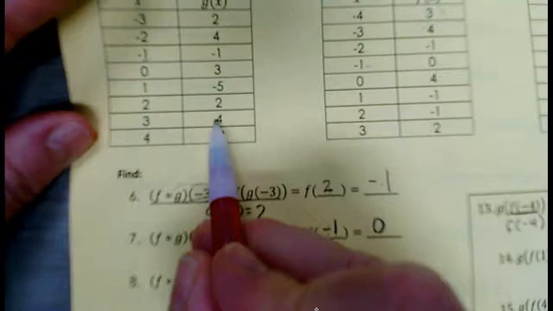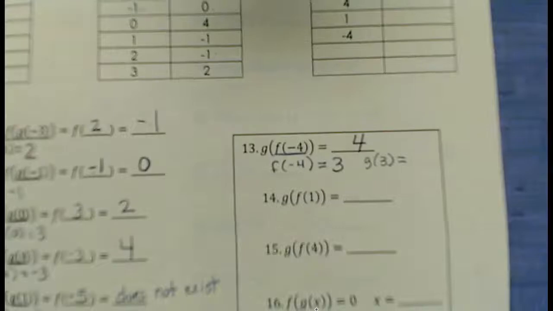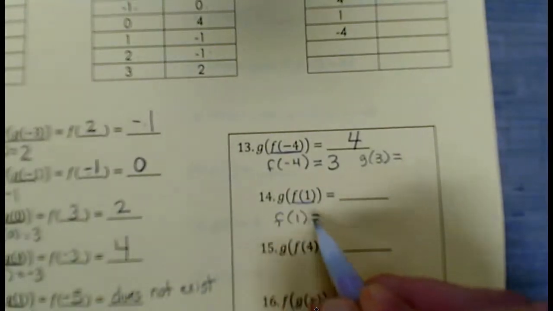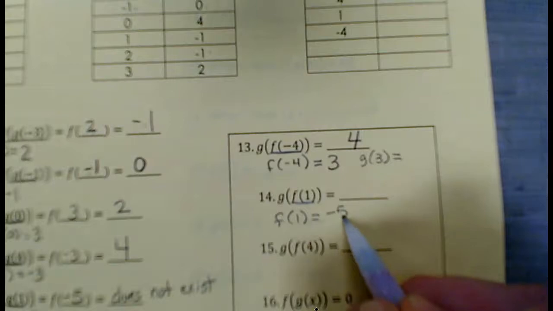What's that equal to? I start here. F of 1 is equal to -5.